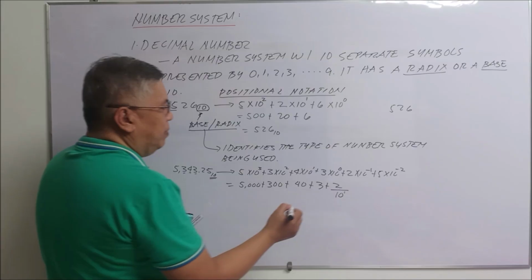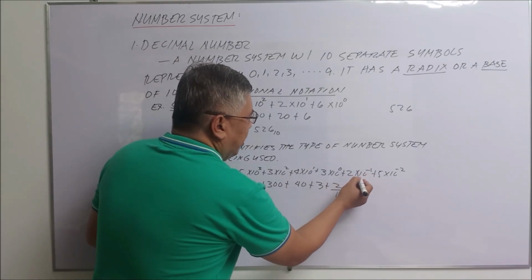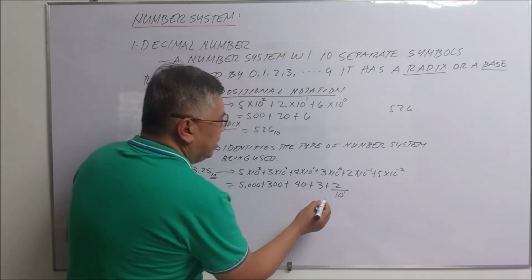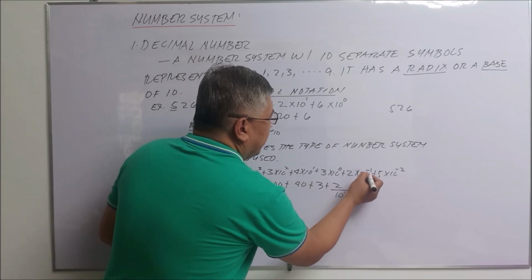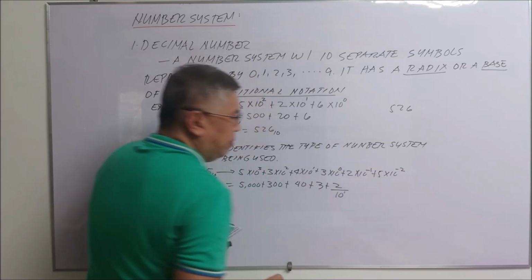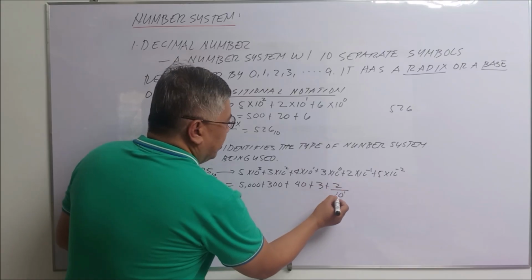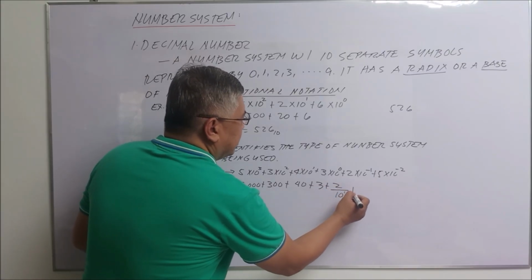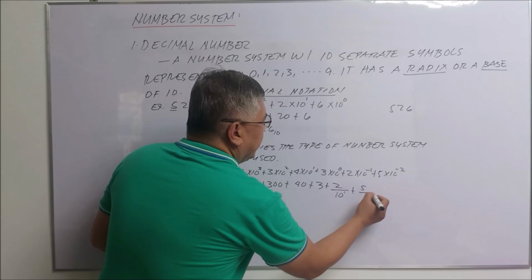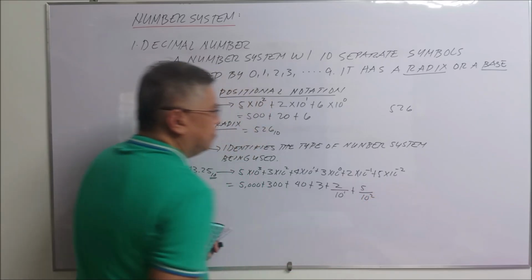This is multiplication by a negative power; if we change it to division so that the exponent becomes positive, you have 2 over 10 to the first plus 5 over 10 to the second.